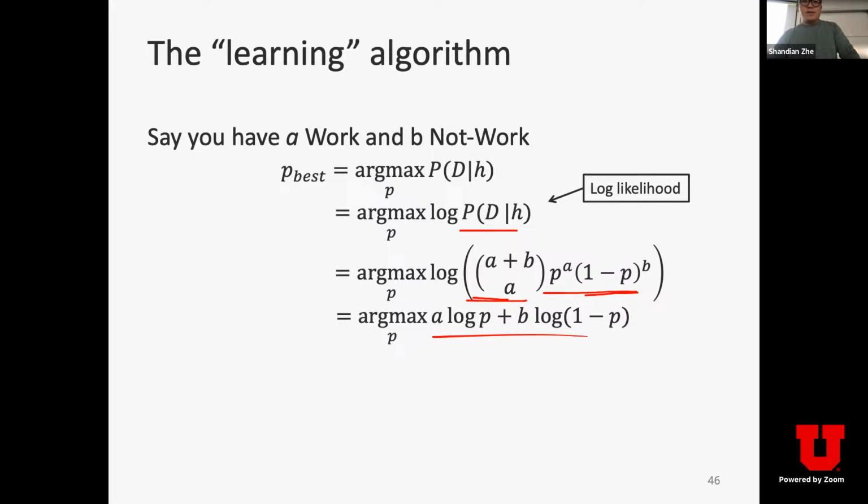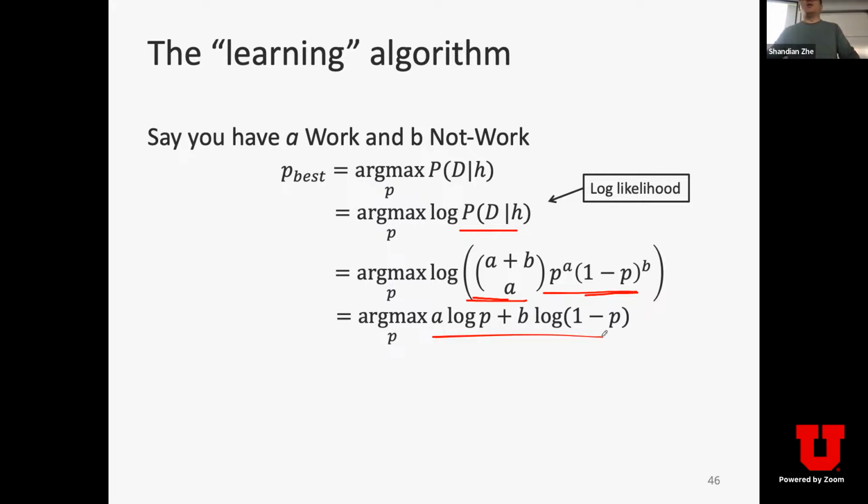Now how do we maximize this with respect to P? Any thoughts? Yeah, we can do stochastic gradient descent or gradient descent. But why not just try to solve for the gradient being 0?